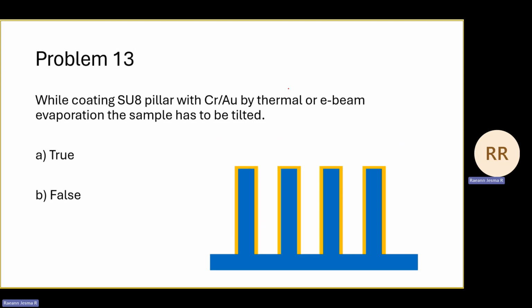But the thermal or e-beam evaporation method is a line of sight deposition process. So evaporation is generally line of sight. And what we'll do in evaporation is we'll have some crucible with the metal that we want to deposit.